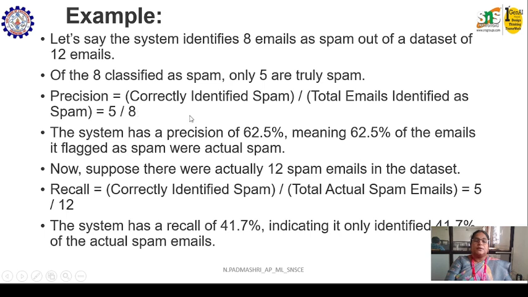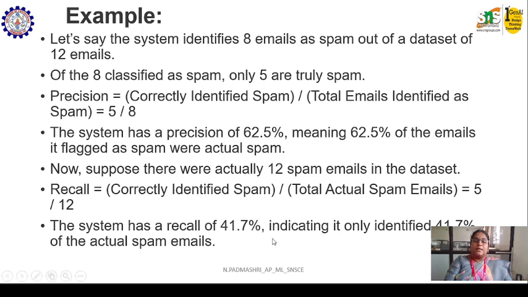Precision is equal to correctly identified spam divided by total mails identified as spam. Out of 8 identified as spam, only 5 are correct. So 5 divided by 8 gives the precision value. The system has a precision of 62.5%, which means 62.5% of emails flagged as spam are actually spam mails.